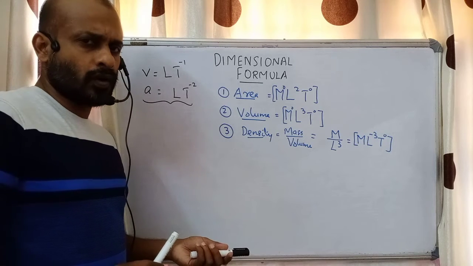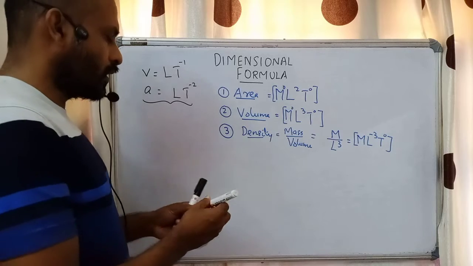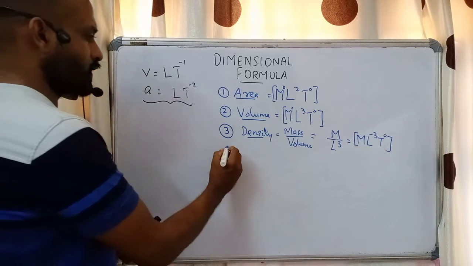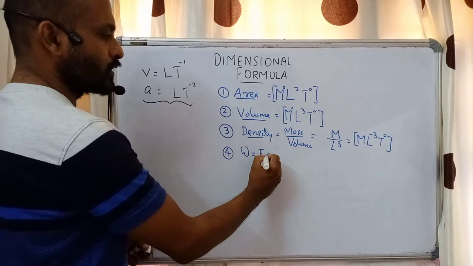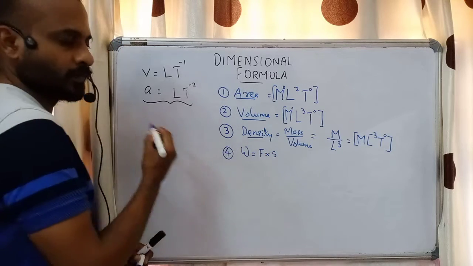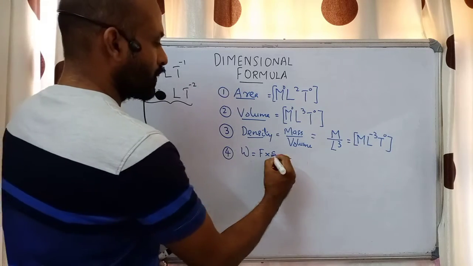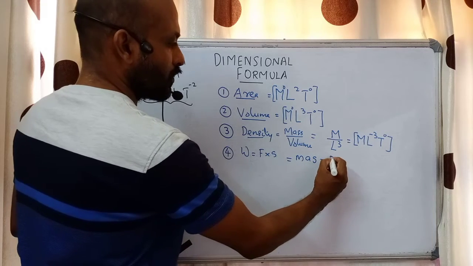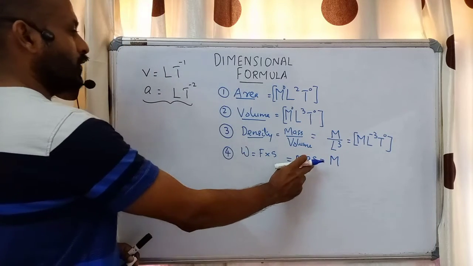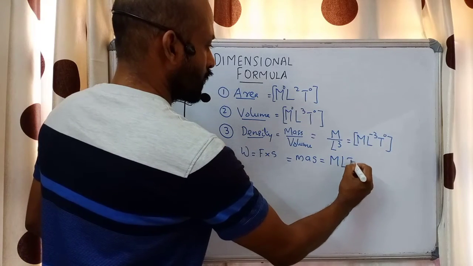Work I think we have already seen in the previous class, but anyway, I'll write the dimension of work once again. We have the equation for work. Work is force into displacement, F into S. Now F, how will you write? F is equal to mass into acceleration, M into A into S. Mass has dimension formula M. For acceleration we use L T raised to minus 2.